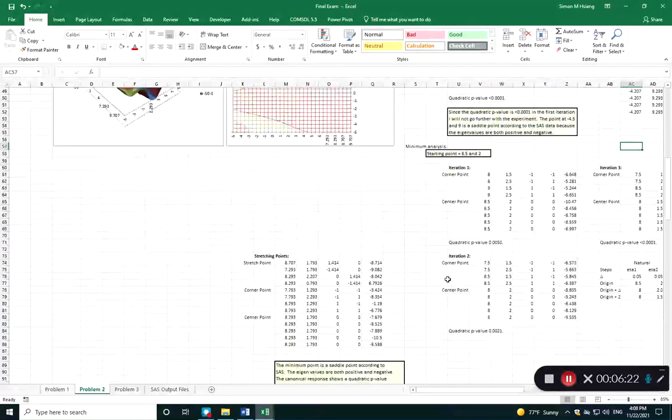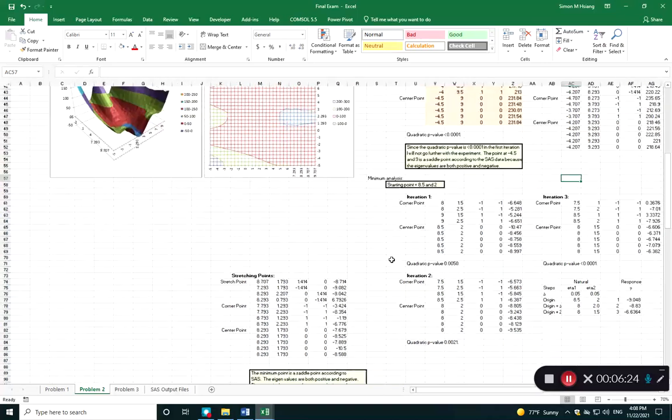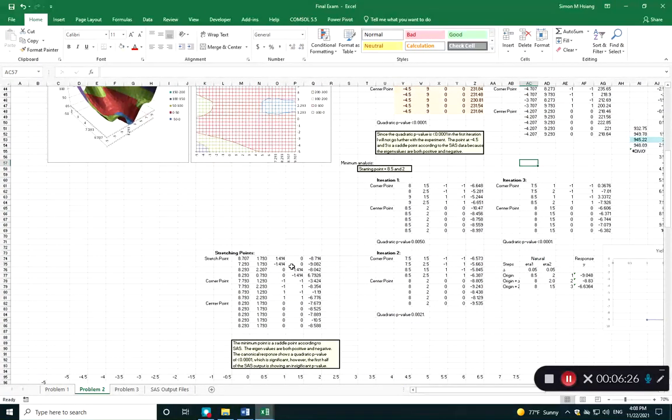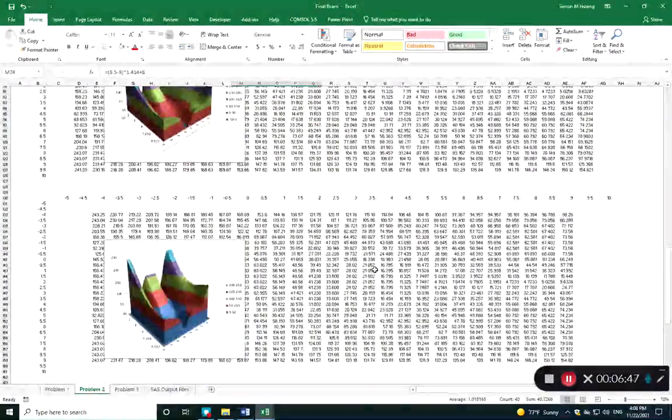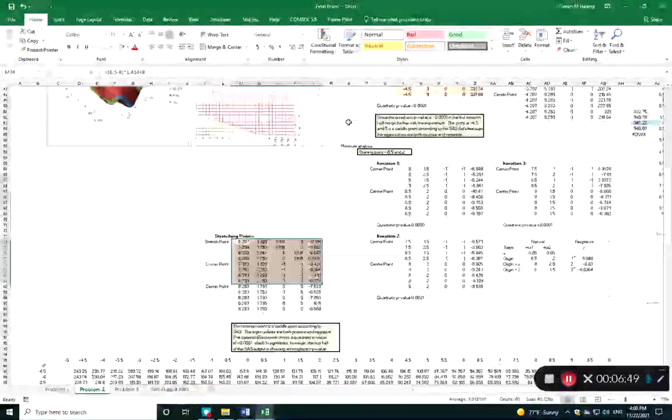And iterations after iterations, once she reaching a good starting point, okay, once she reaching a good stretching point, she will add a stretching data point. And of course she investigates several different possibilities.